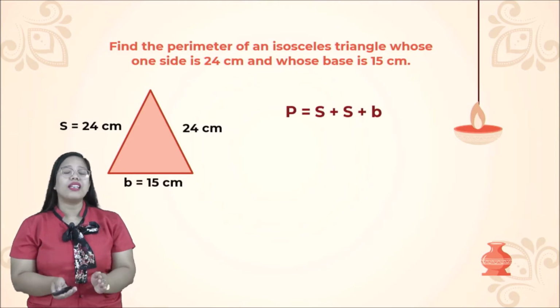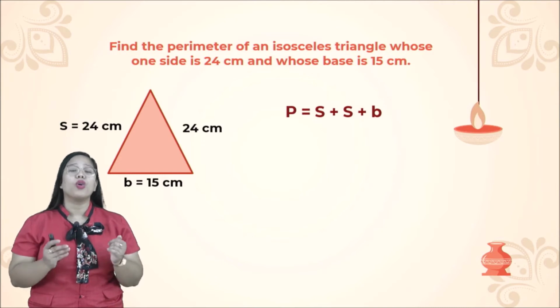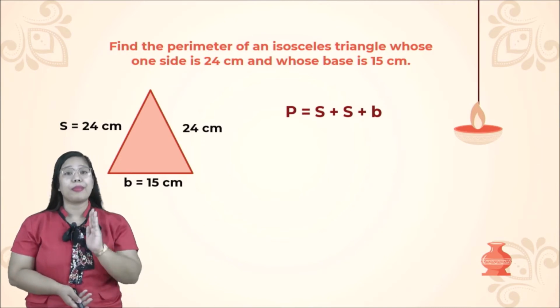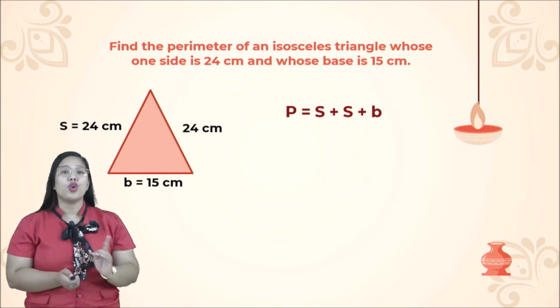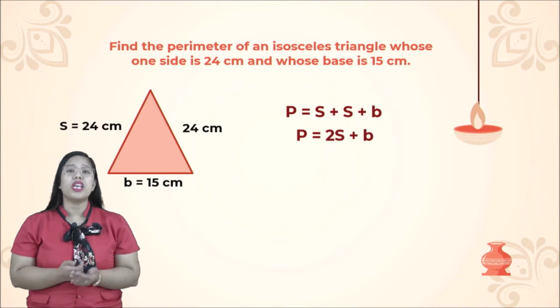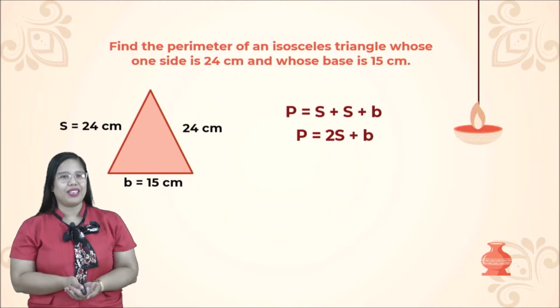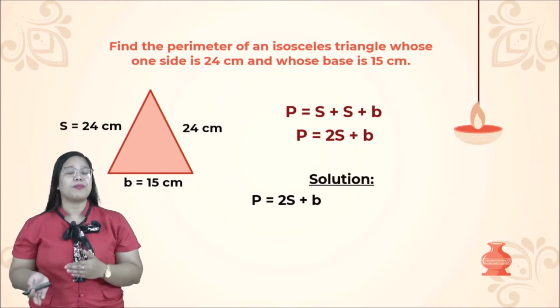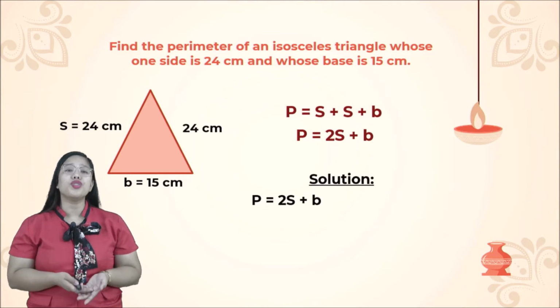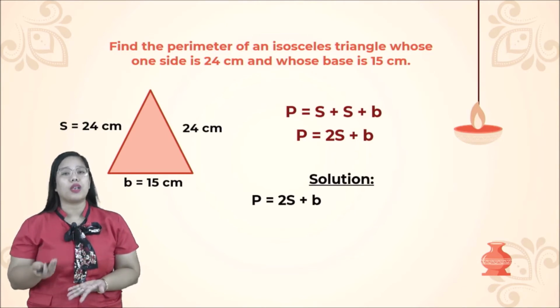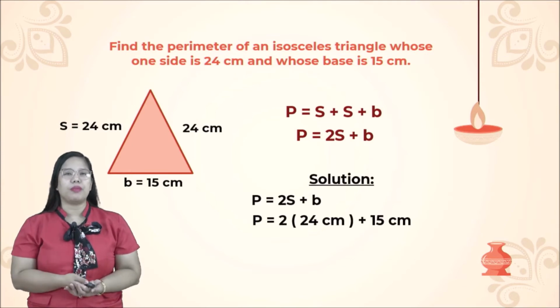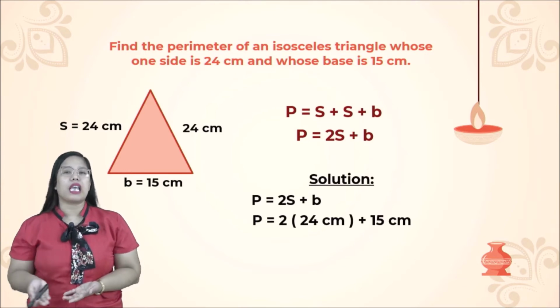So kids, we are now going to apply this formula, which is S plus S plus B, or we can simply use 2S plus B. So our solution is 2S plus B, and now we need to substitute the value of S and the value of B, or the base. So 2 times 24 centimeter plus 15 centimeter.